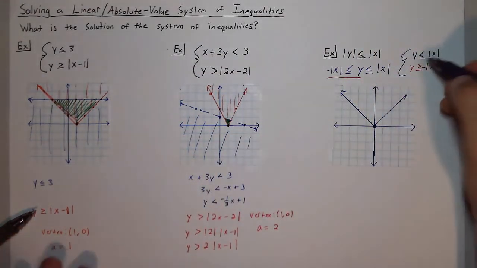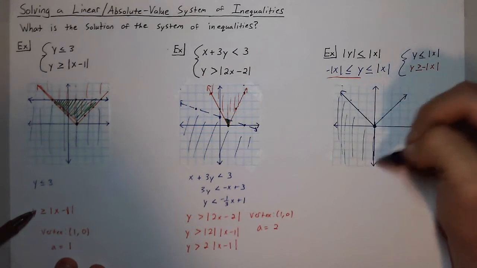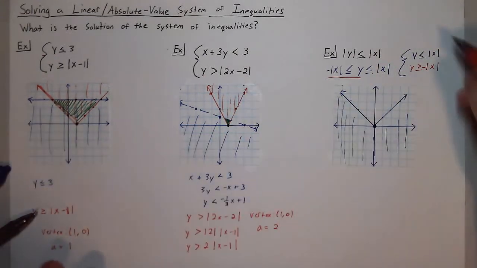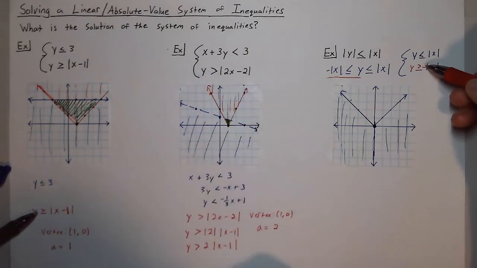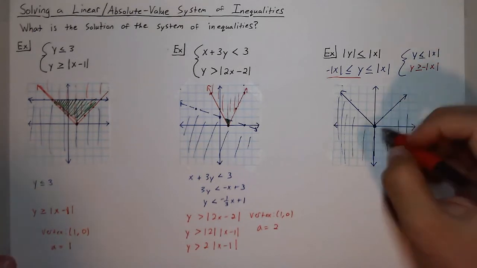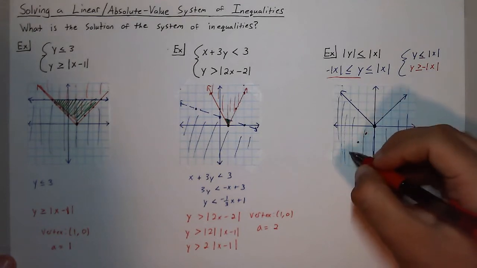And it's everything shaded below since it's less than. And the other one will be negative absolute value of x, which means that since we're multiplying by a negative in front of the absolute value, this graph will be reflected across the x-axis vertically. So same vertex, but reflected.